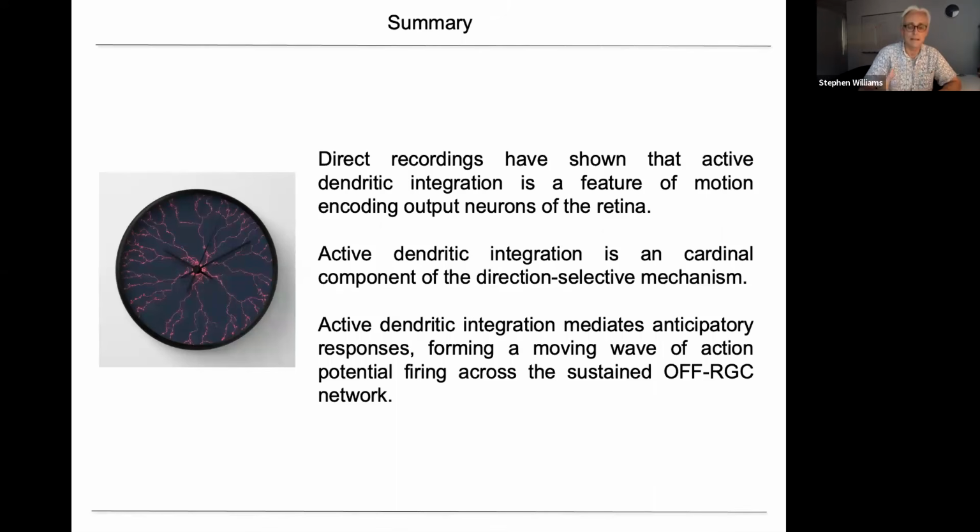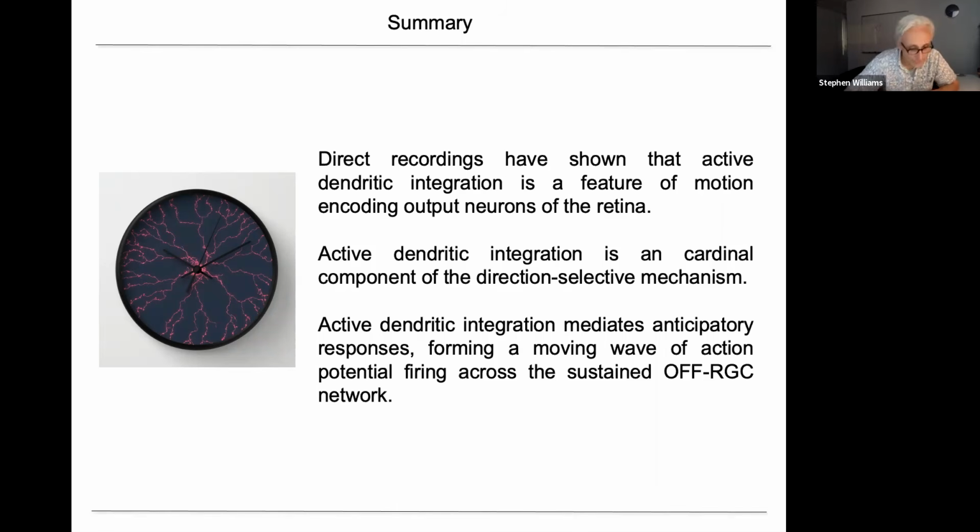They're not geared up per se to be a motion detector. So I utilized that gap to indicate the difference between something that's motion detecting with active dendritic integration and those cells sitting right next to it that aren't.